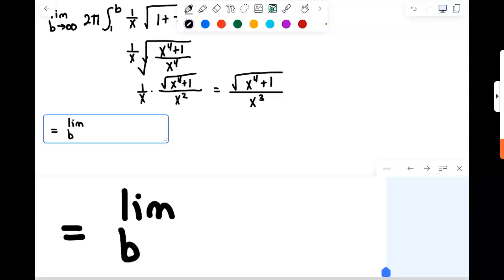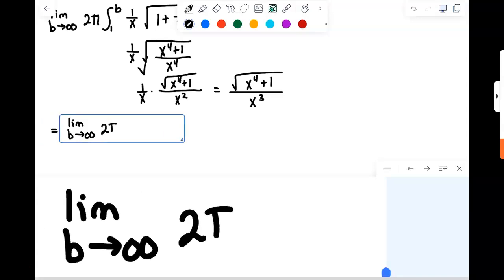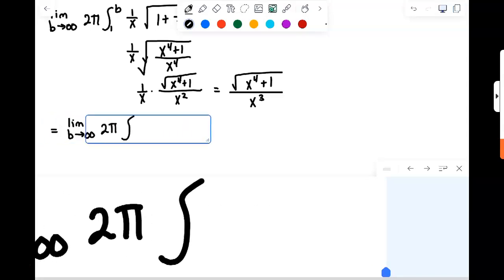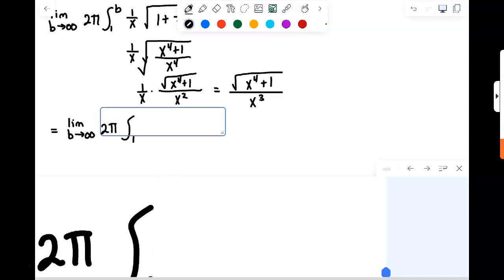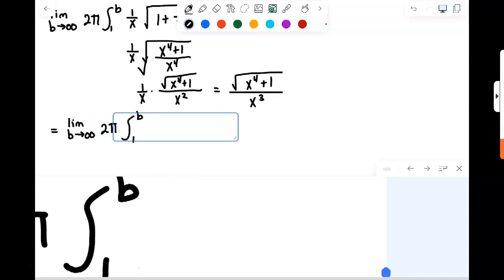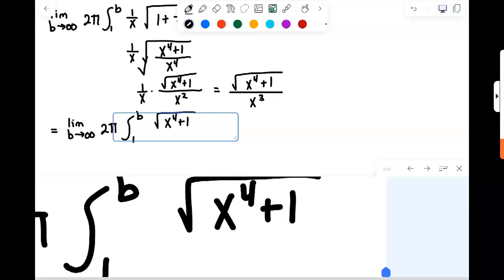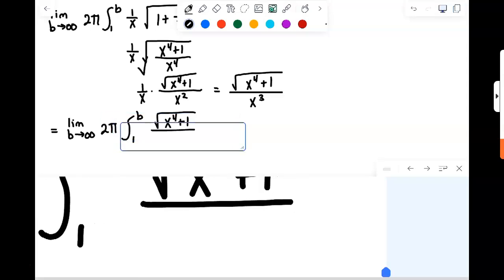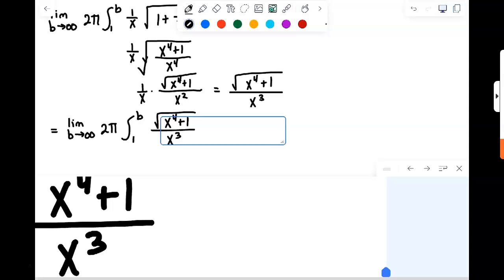Limit as b approaches infinity of 2 pi times the integral from 1 to b of the square root of x to the 4th plus 1 all over x cubed dx.